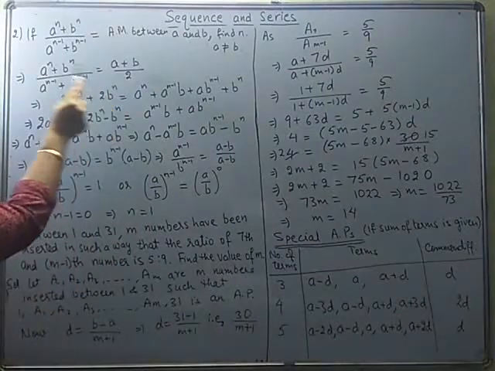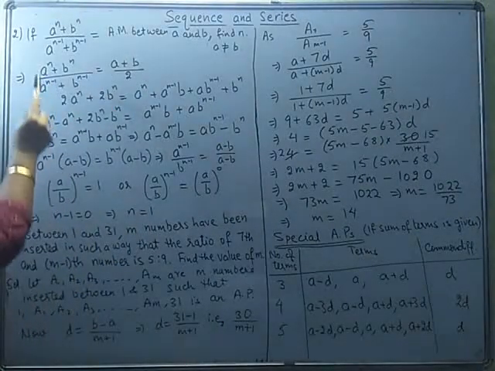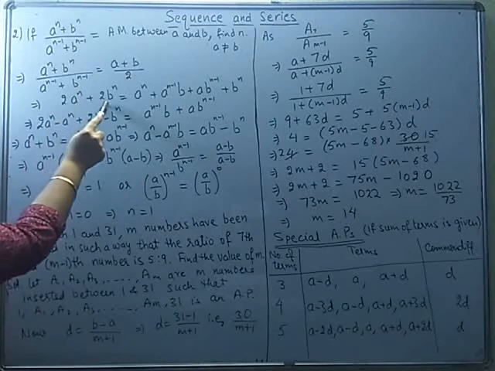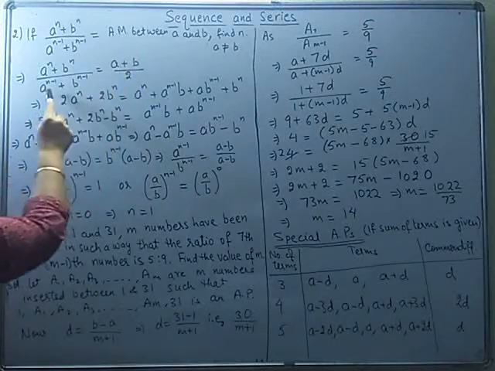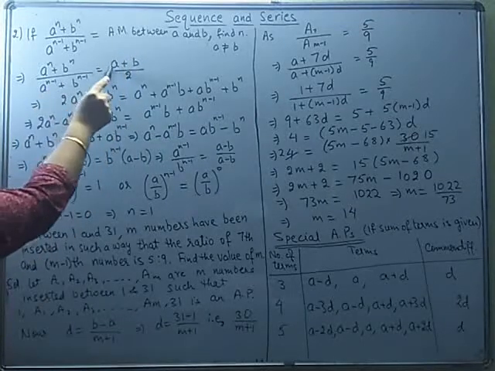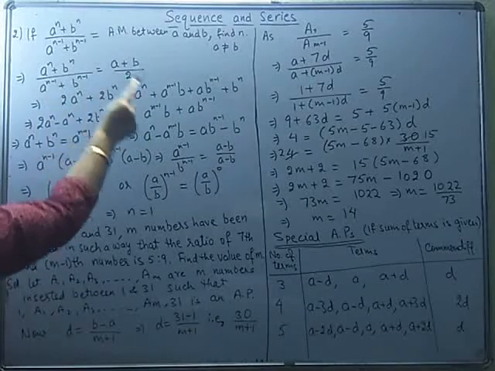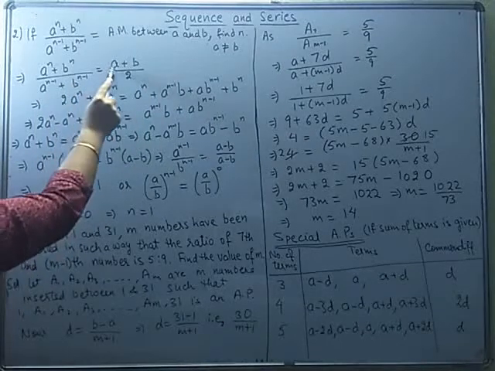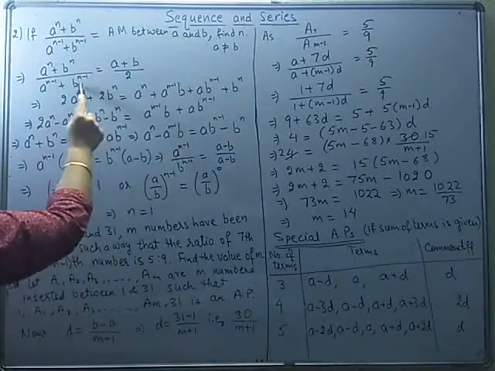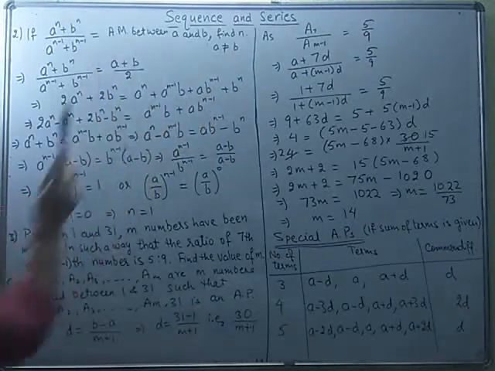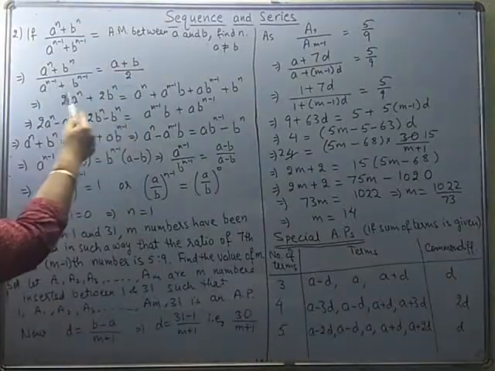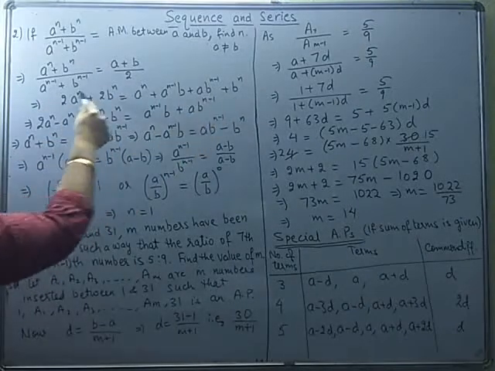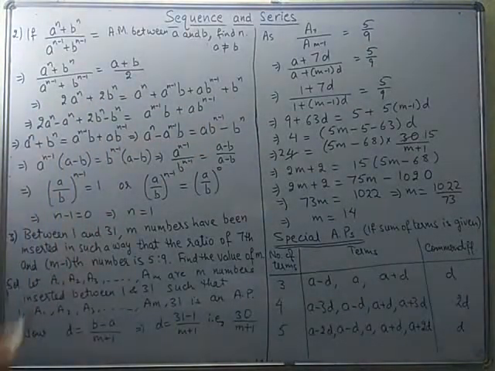If you see, cross multiplying 2 here, we get 2 times A to the power n plus 2 times B to the power n. And then cross multiplying this with A plus B: A to the power n minus 1 into A, then A to the power n minus 1 into B, plus B to the power n minus 1 into A and B to the power n minus 1 into B. Then rearranging the terms, we can shift A to the power n and B to the power n to the left.